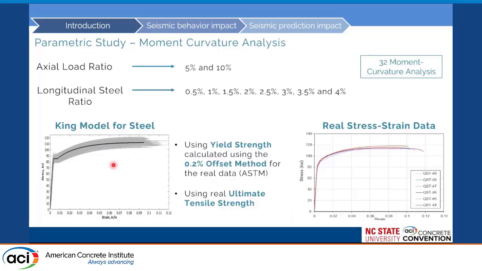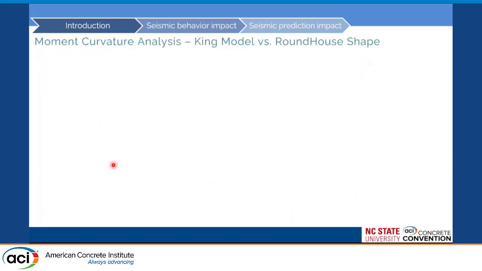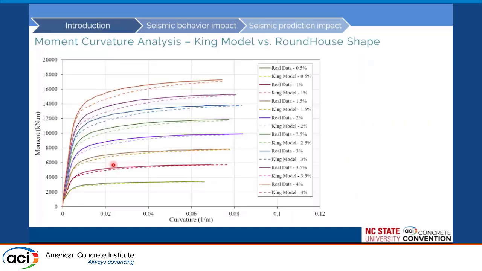In total, with the combination of those parameters, that includes 32 analyses. The graph that I'm going to show here represents 16 of those moment curvature analyses, and you can see that the dashed lines represent the King model using the real T to Y ratios calculated per ASTM, and the non-dashed lines represent the moment curvature using the real shape of the stress strain curve.